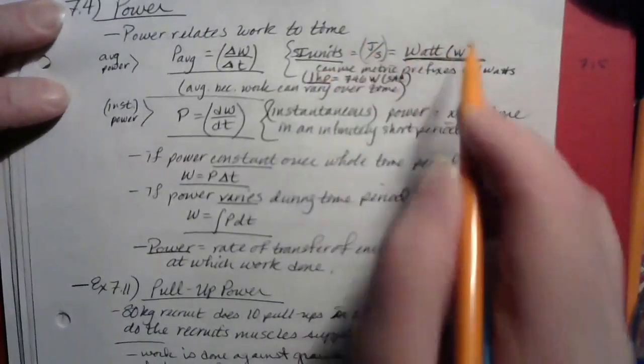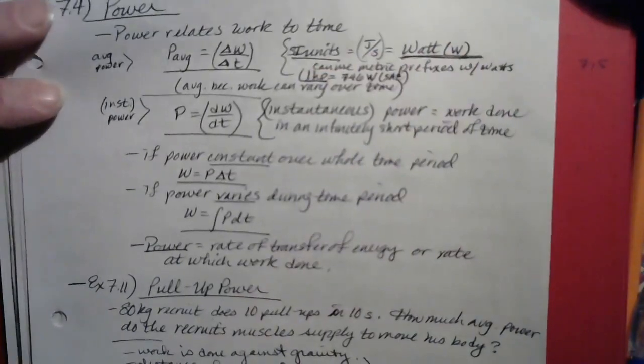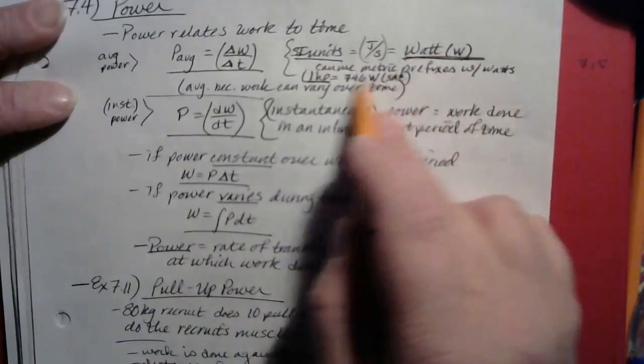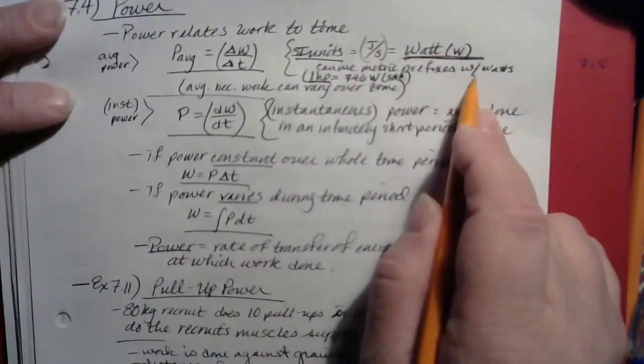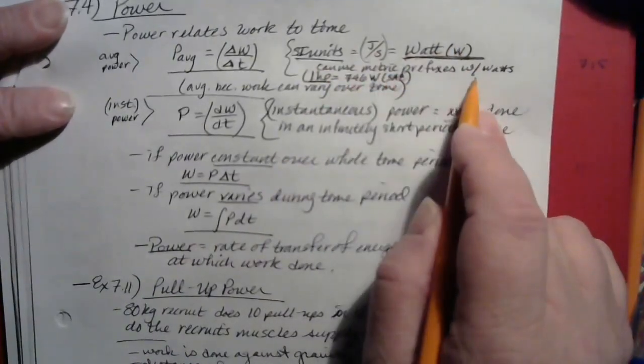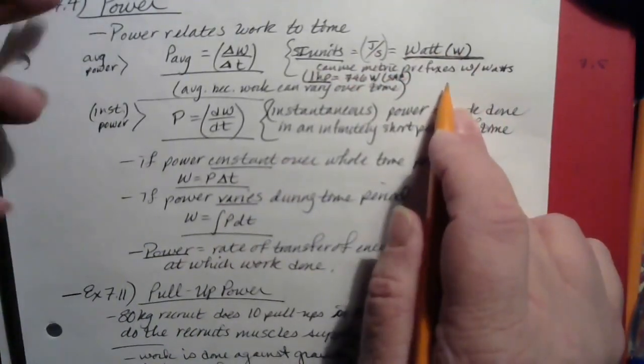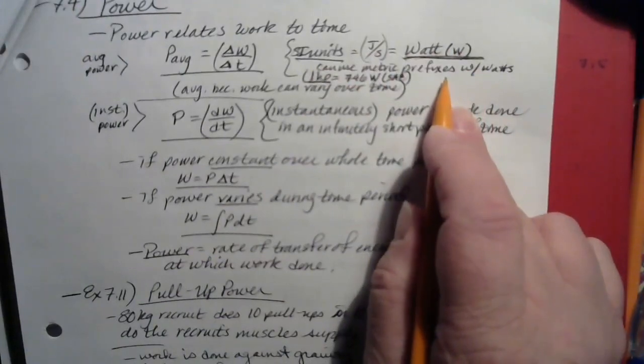So a joule per second is 1 watt. The symbol for watt is a capital W, and that is a metric unit, so you can use metric prefixes with watts. So a kilowatt is 1,000 watts, a milliwatt is 1/1000th of a watt, and so on.